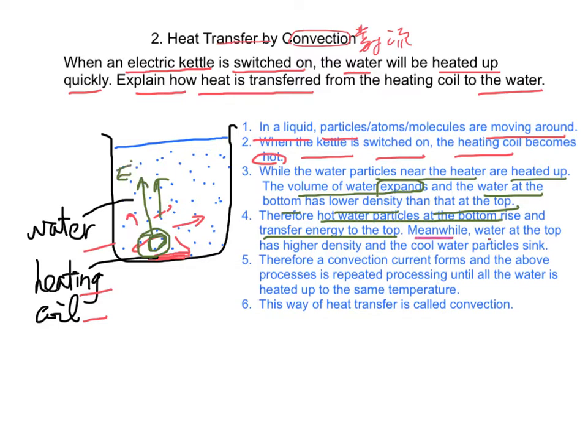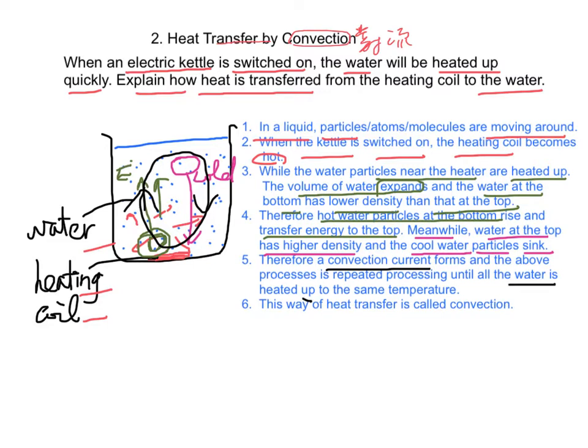Meanwhile, the water at the top has higher density, and the cold water particles will sink. As a result, a convection current 對流 forms, and the above process is repeated until the water is heated up to the same temperature.